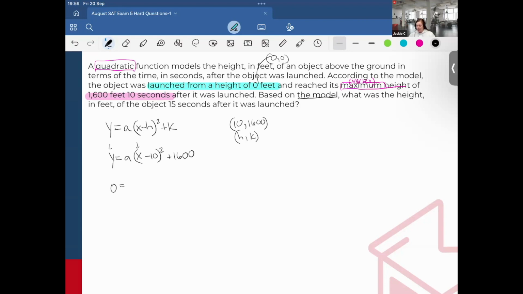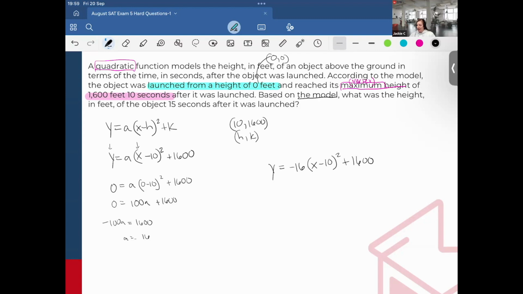So let's do that. 0 equals a times (0 minus 10) squared, plus 1,600. So here I would get 100a plus 1,600. Negative 100a equals 1,600. So I get that a is equal to -16. Therefore, the final model would be y equals -16 times (x minus 10) squared plus 1,600.